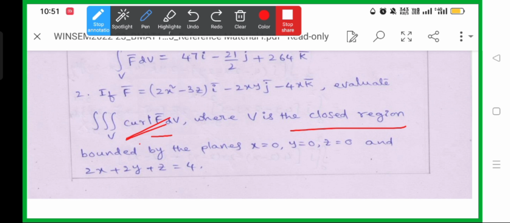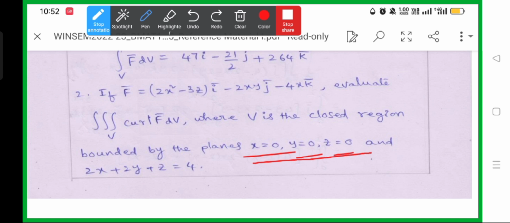V is the volume enclosed by the region bounded by the planes x equal to 0, y equal to 0, z is equal to 0, and 2x plus 2y plus z is equal to 4. So all the x, y, z planes are passing through 0, enclosing the region. You can imagine it as a cylinder.